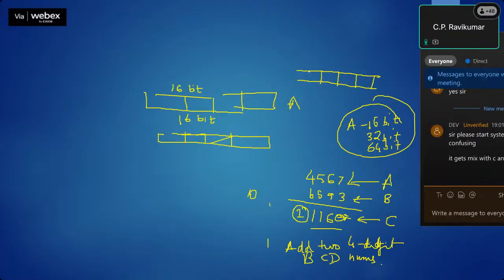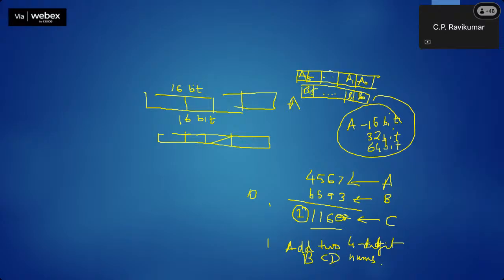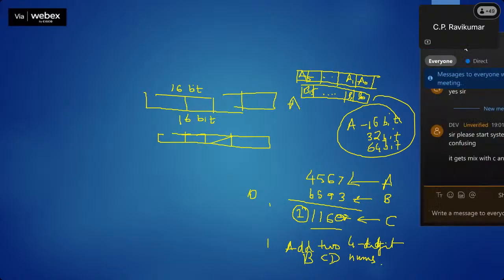What will be your solution if I say that it can have as many as 16 digits? So how do you think we can do this? Any ideas?